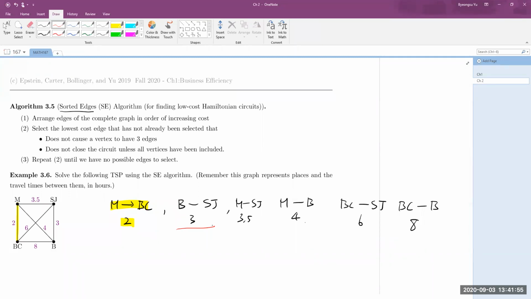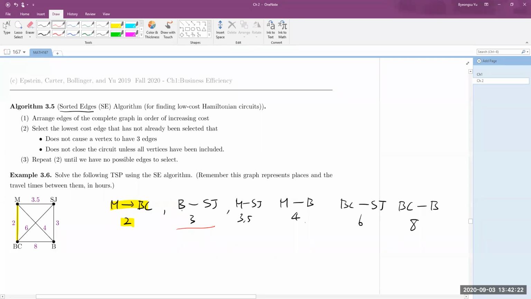Then just think, if we add this edge to our chosen edges, does it make some cycle? If your answer is no, then you can add this edge, right? Or also, you need to check that if we add this edge to our chosen edges, does it make some vertex have 3 edges? And if your answer is no, then also you can choose this edge, right?